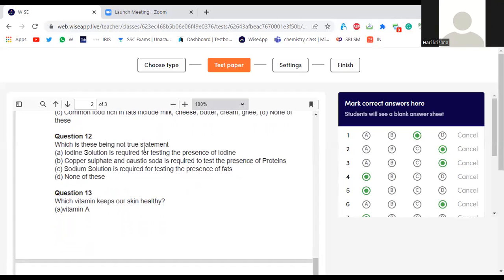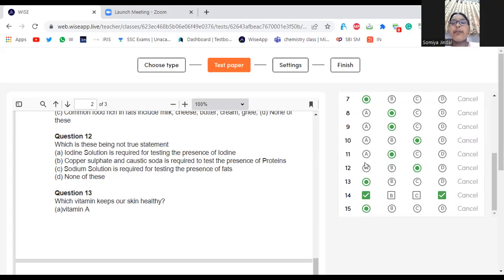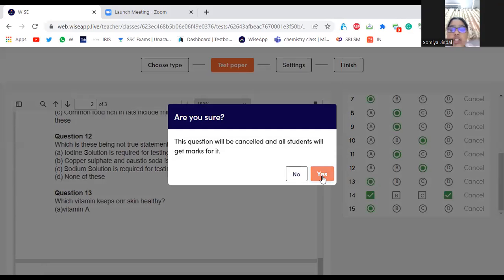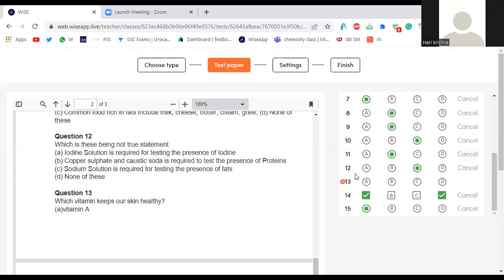So none of these; you can select either option A and C. Sir, I kept C. Sir, I selected option A, because iodine solution is needed for the presence of starch, sir, but it is showing me wrong. Okay. So actually it is option A and C. I corrected the answer key. Okay.